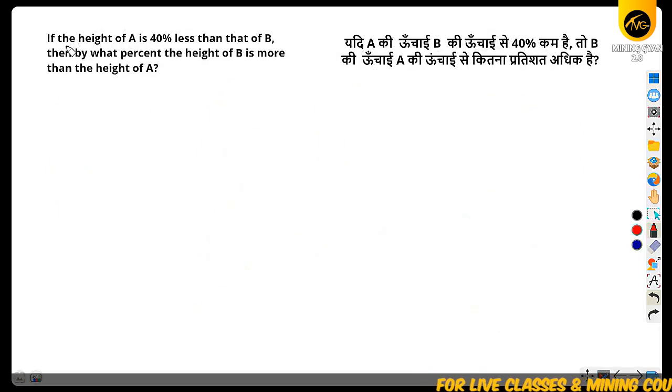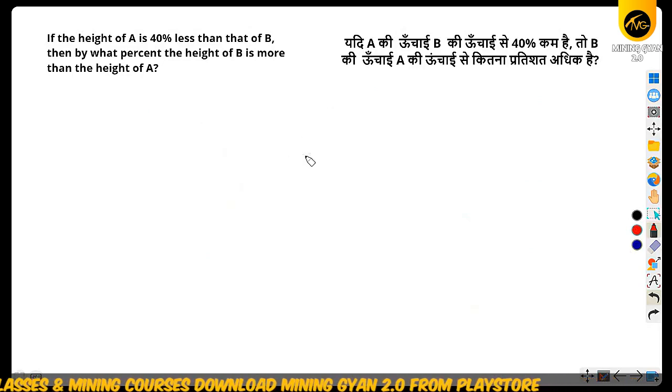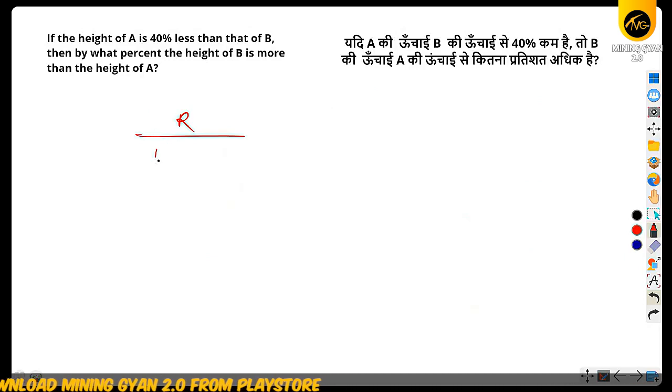Okay, one more question. If the height of A is 40% less than that of B, then by what percent is the height of B more than the height of A? Okay, this is a similar kind of question. Again, you can directly use the shortcut method, like r divided by 100 plus minus r, into 100.